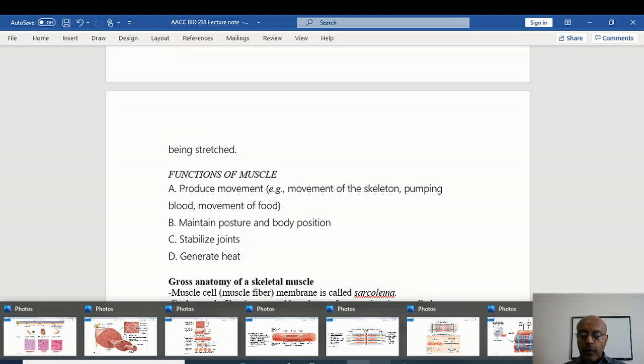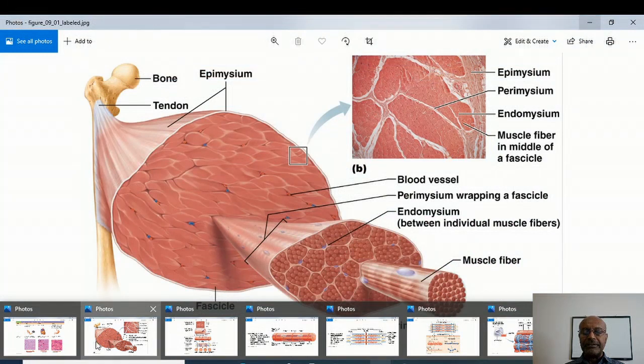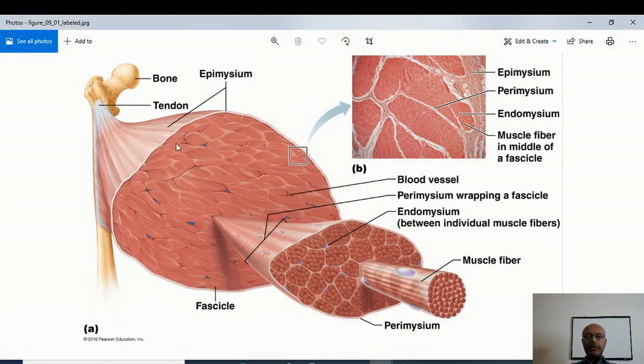What did we see so far? What we saw so far is the structure of a muscle. How did we start? I'm just going to repeat so you see. We saw a muscle which consists of compartments known as fascicles, one of them telescoped here. And then this fascicle, which is a collection of skeletal muscle cells or muscle fibers, is shown here, and then one skeletal muscle cell or skeletal muscle fiber.